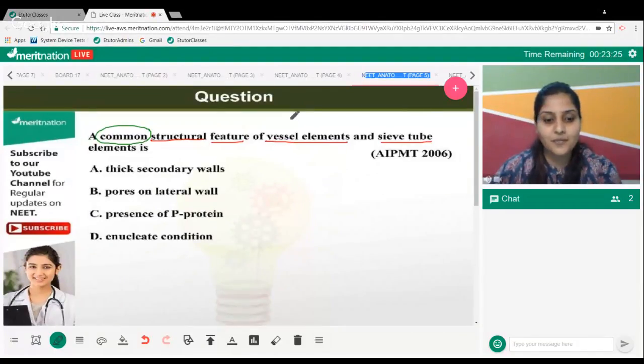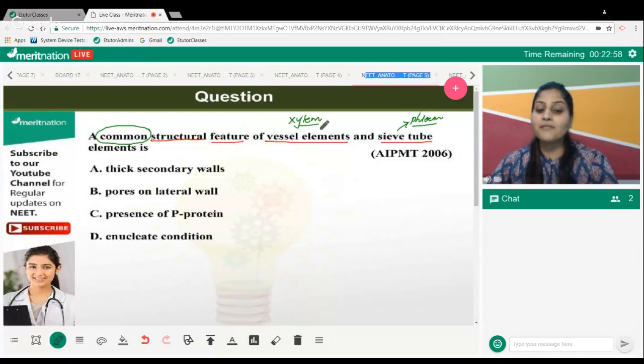Okay, belongs to xylem. What about sieve tube elements, guys? Sieve tube, very good. This one belongs to phloem.